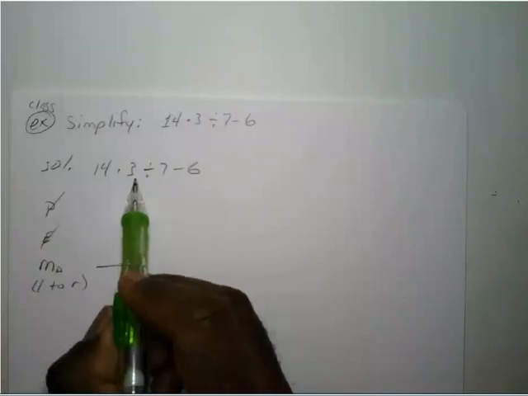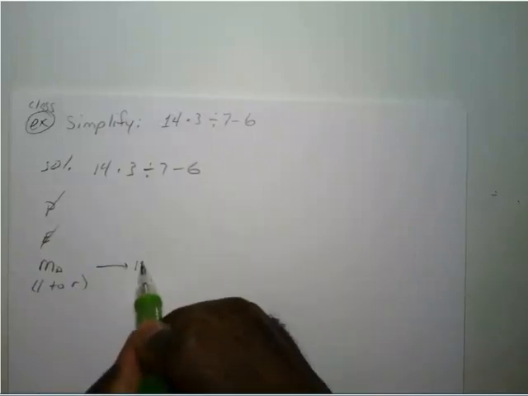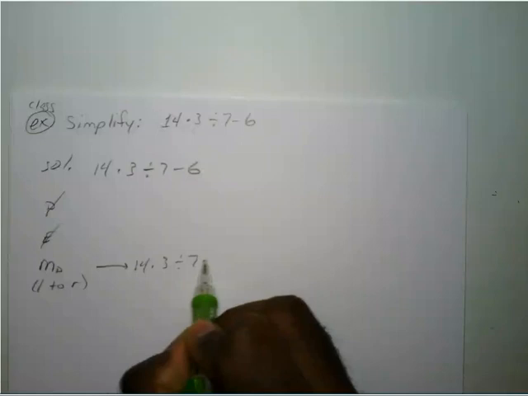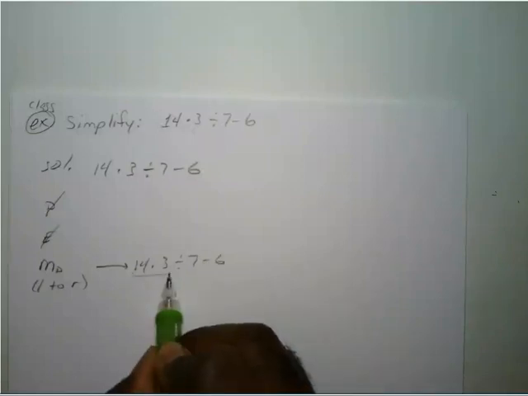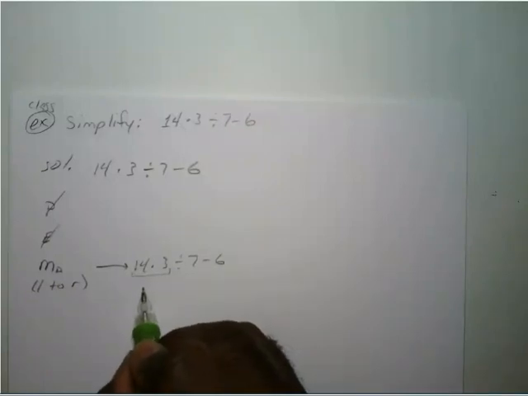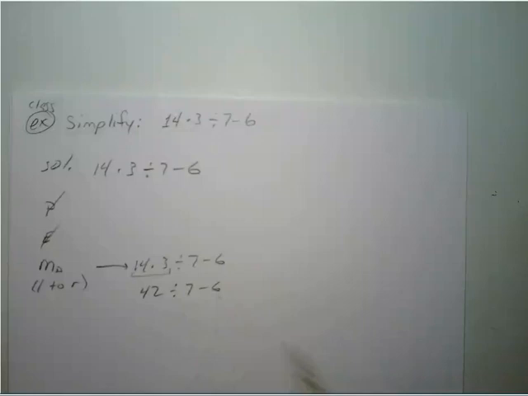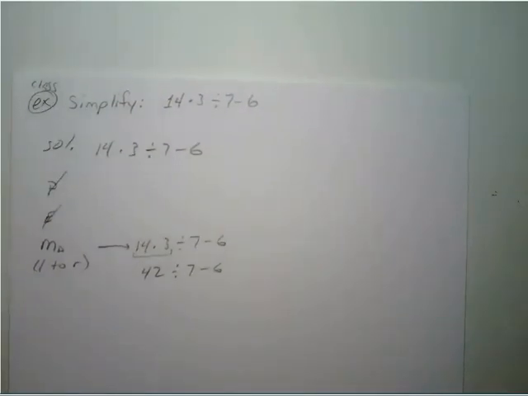You have 14 times 3. I'll write that. 3 divided by 7 minus 6. So 14 times 3 is 42. So it becomes 42 divided by 7 minus 6. Now if we keep going left to right, we have another multiplication or division.